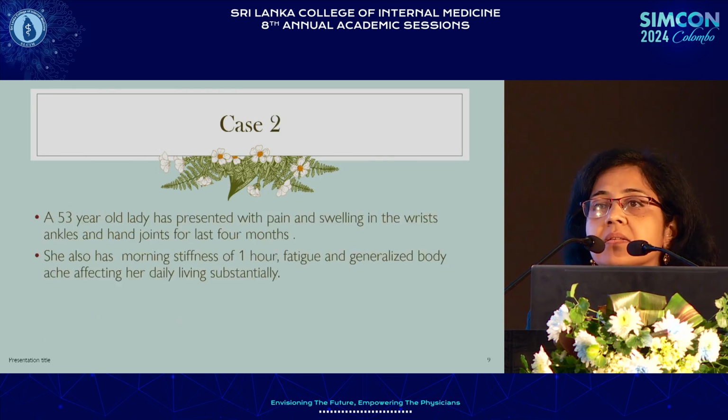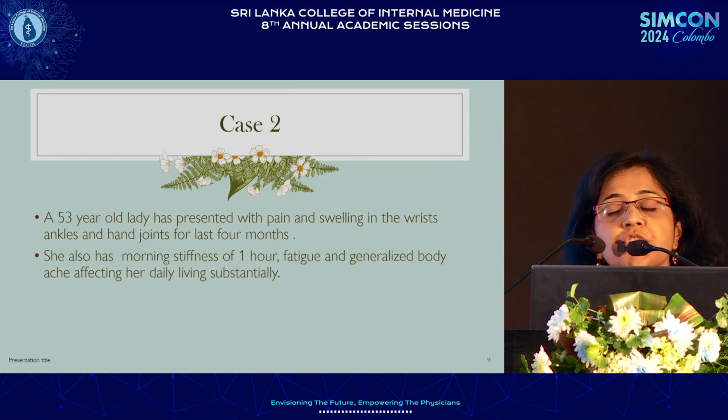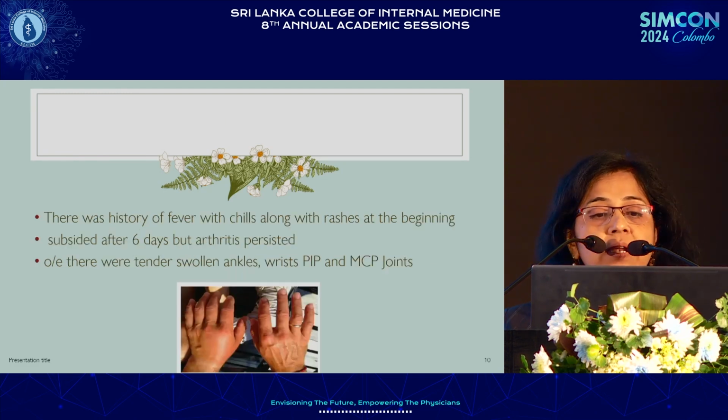Coming to my second case, we had a 53-year-old lady who presented with pain and swelling in her wrists, ankles, and hand joints for the last 4 months. She also complained of a morning stiffness over 1 hour with fatigue and generalized body ache.